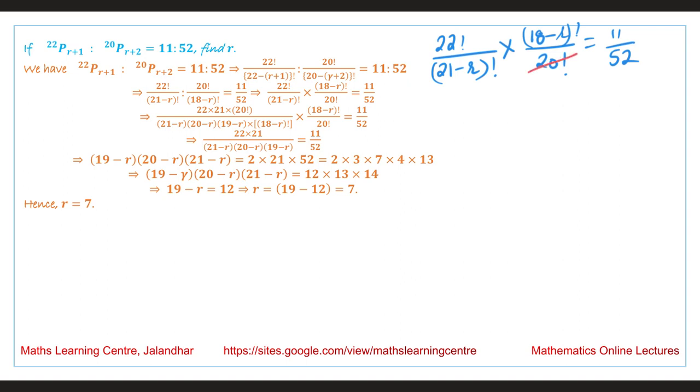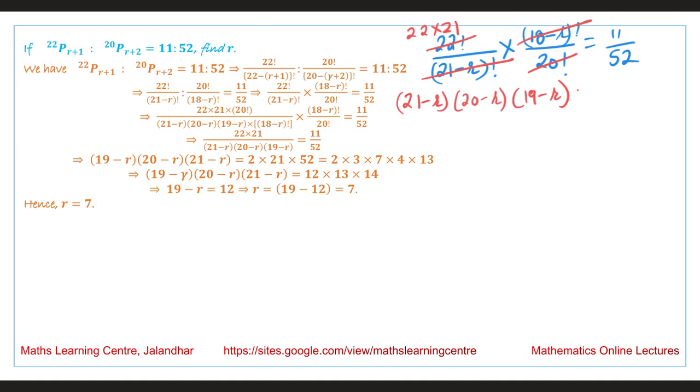So these two terms get cancelled. We are left with this 22 into 21. Then these two terms get cancelled. We are left with this 21 minus r into 20 minus r into 19 minus r.